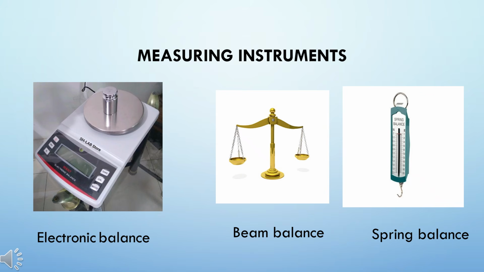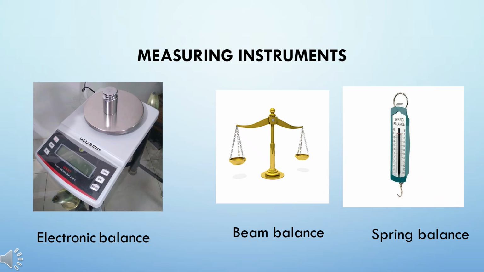Good. Now, we also have a spring balance. It is used to measure the weight of a body. Now, to use this instrument, it must be hung at a rigid spot.